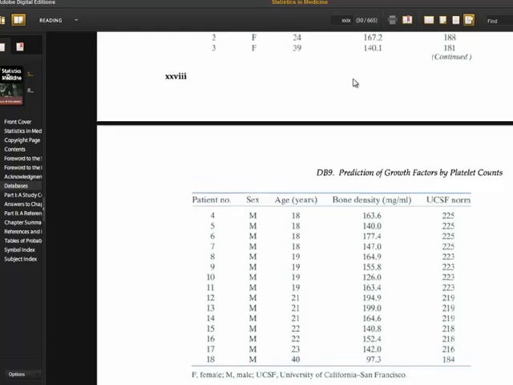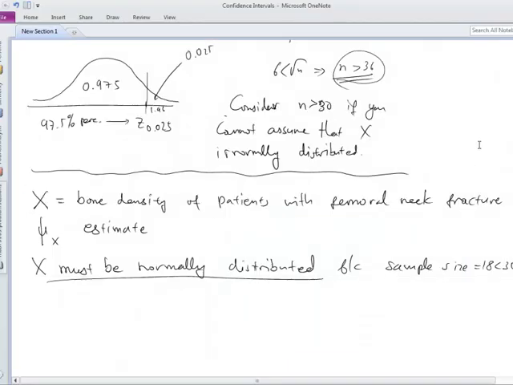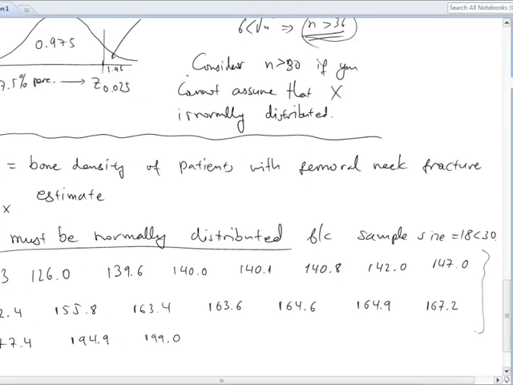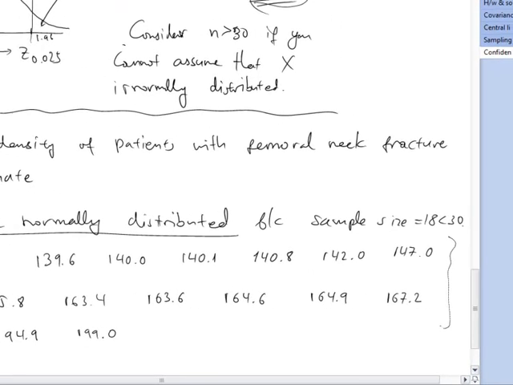Those are the bone density values in milligrams per milliliter of calcium actually, that I'm measuring, and I will order these data points in ascending order. So here I have the list of the data in these 3 lines, the data from the 18 patients, their bone density in ascending order.